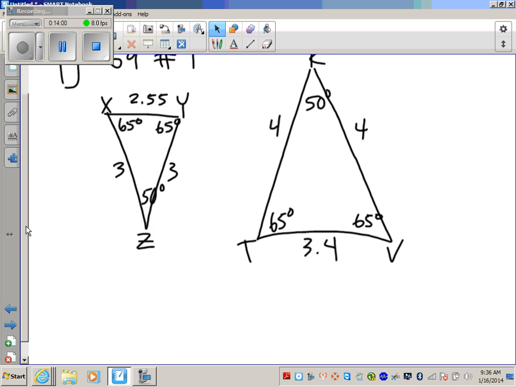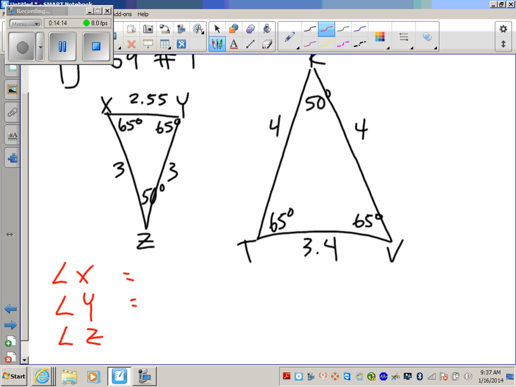What I want to do is I want you to tell me which angles on this first triangle, XYZ, which angles are they equal to on angle KTV? Take a second and get that down.